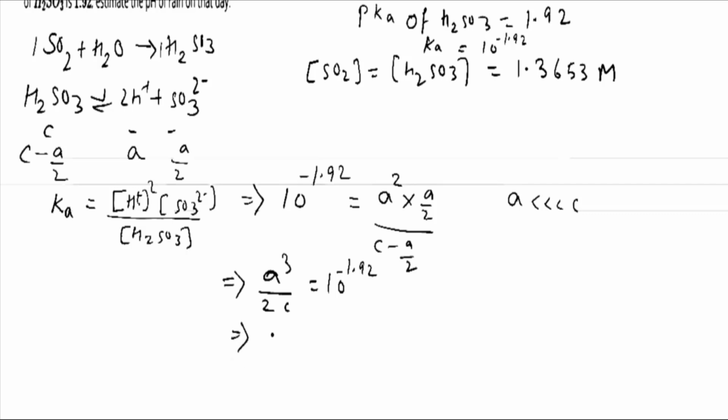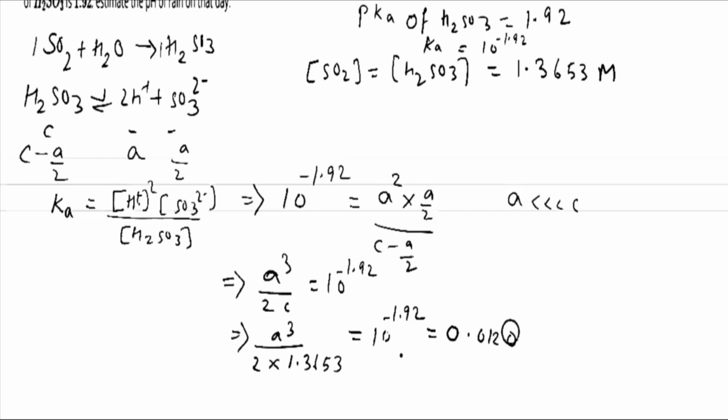This implies A cube by 2 into C, where C is the concentration given in the question, that is 1.3653, is equal to 10 to the power minus 1.92. The value of 10 to the power minus 1.92 comes out to be 0.0120. So this implies A cube is equal to 0.0120 multiplied by 2 multiplied by 1.3653.